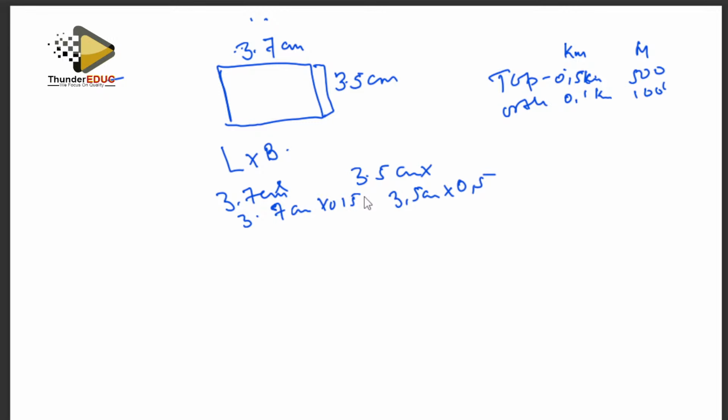So 3.7 times 0.5, what do you get? Here, you are getting 1.85 kilometers. Then 3.5 times 0.5, what do you get? Here is 1.75 kilometers, so that we get kilometers squared when you multiply kilometers by kilometers.